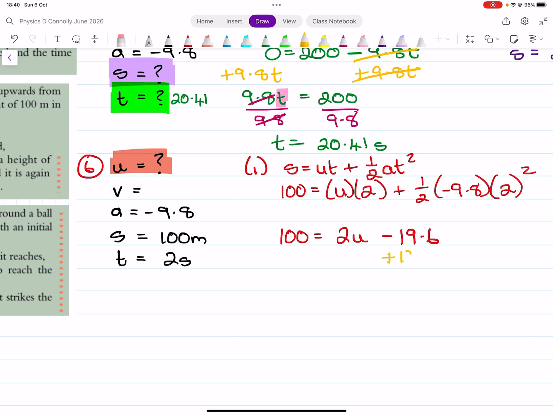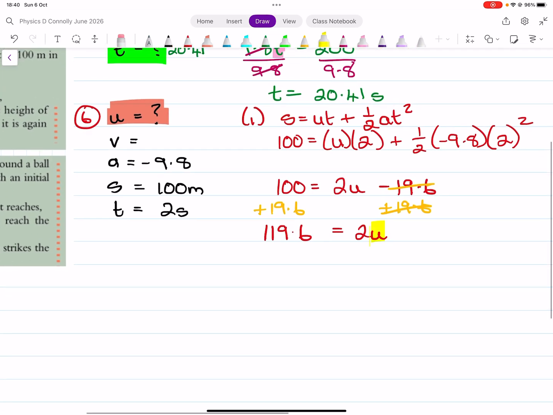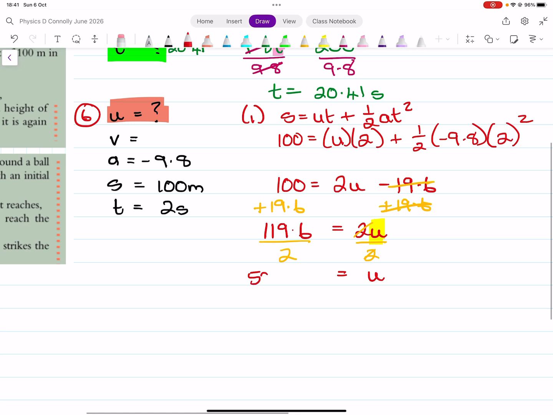I'm going to plus 19.6 on both sides. So that gives me 119.6 equals 2u. Then I divide by 2. So 59.8 is the initial velocity. It's a velocity, so meters per second.